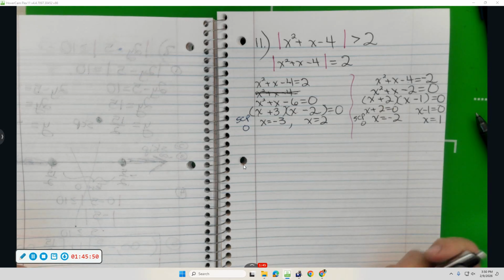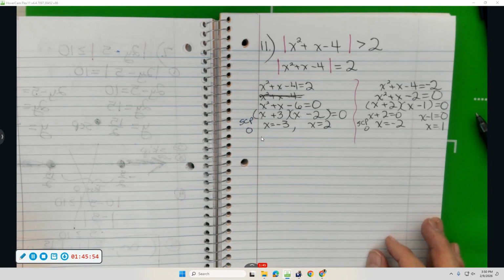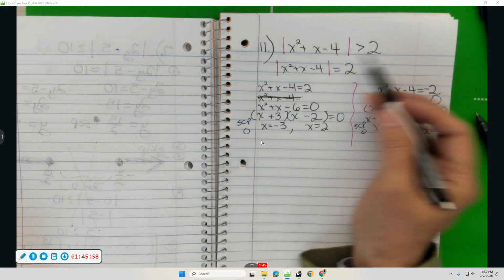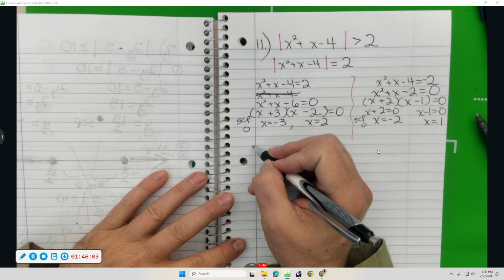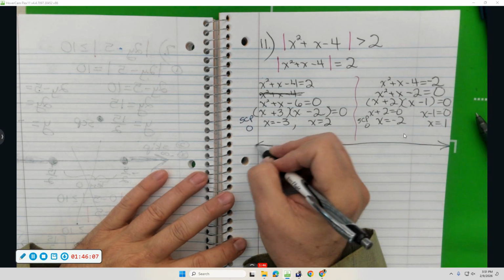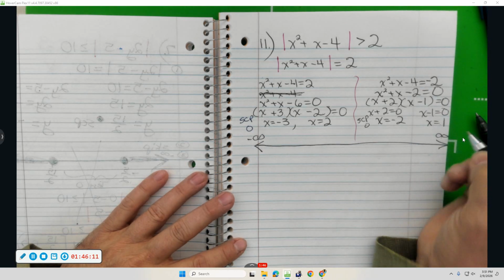Second step. What do we know about the second step, the denominator cut points? You skip. There's no denominators. Third step, we draw our number line. That's -infinity. Well, there's positive infinity.